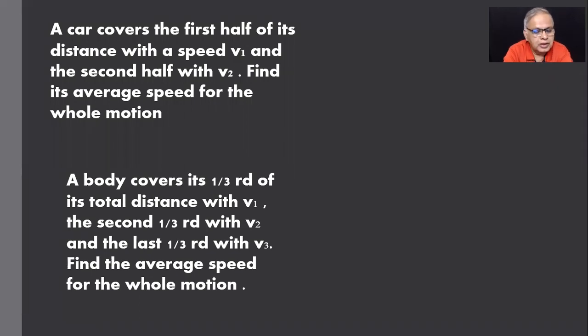All right. Now a car covers the first half of its distance with a speed v1 and the second half with speed v2. Find the average speed for the whole motion. Okay. Now we know the definition, right? We write average as delta S by delta T, without any vector sign.